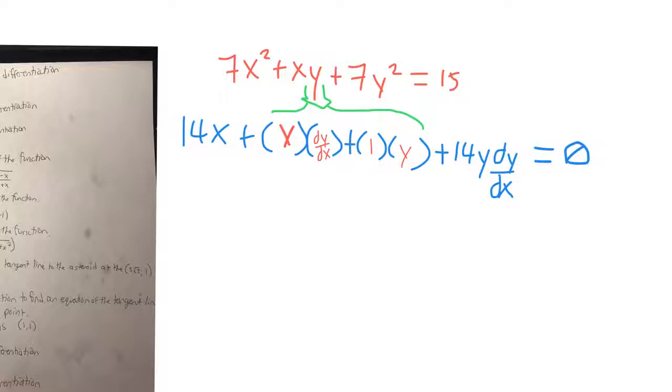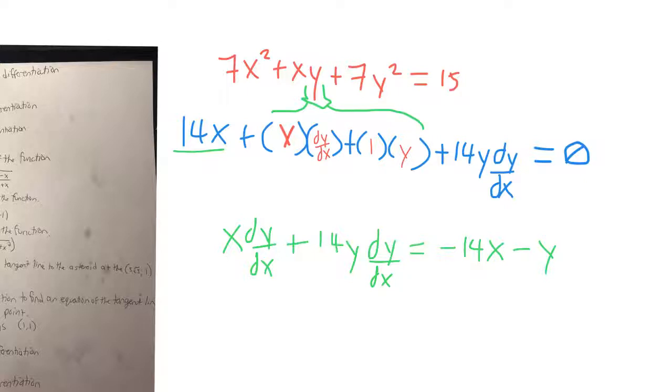So on the next line, that would end up being this right here. It says 14y dy over dx. Pardon the handwriting. I know it's kind of getting bad. Negative 14x minus y, right? Because we subtracted that.